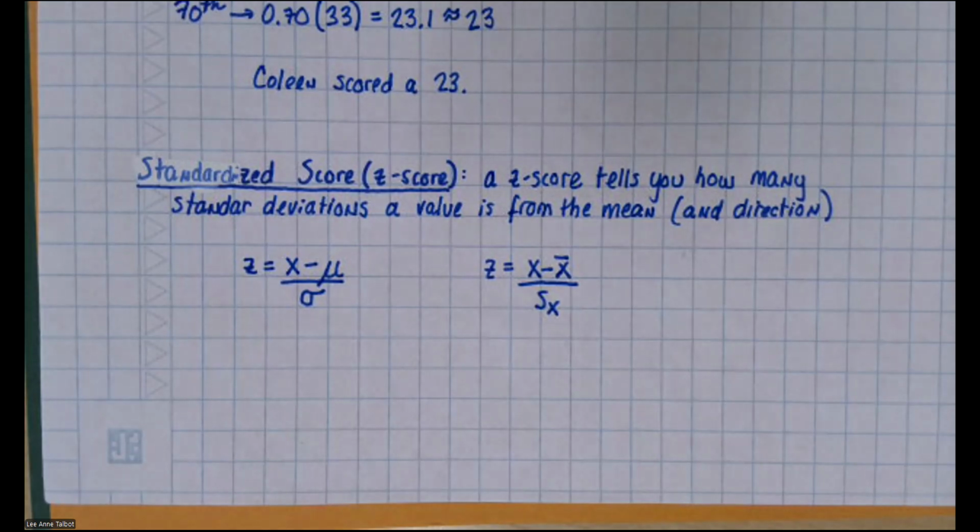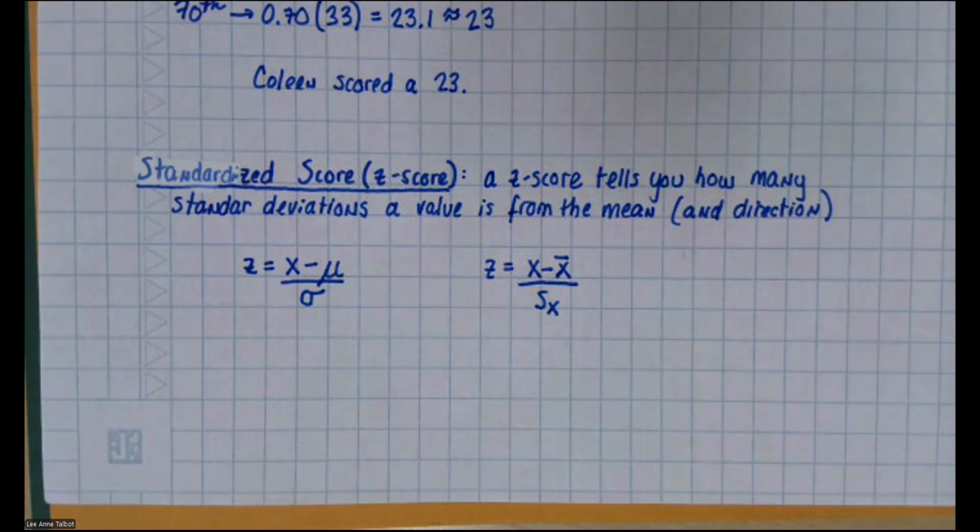So this is lowercase sigma. This is z equals whatever value you're interested in, x, minus the mean, divided by the standard deviation. This is the theoretical one, the perfect one. Or if you have a very small population, so if our population is just our class, we could definitely calculate our mean and our standard deviation for just our class.